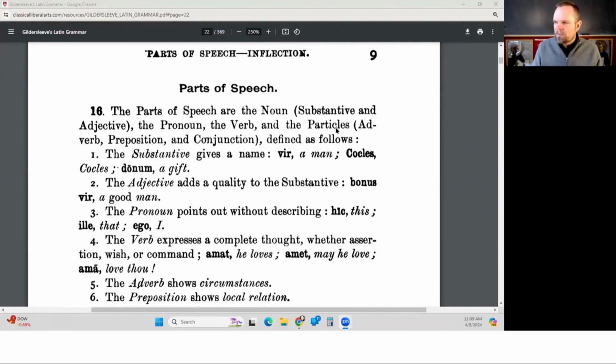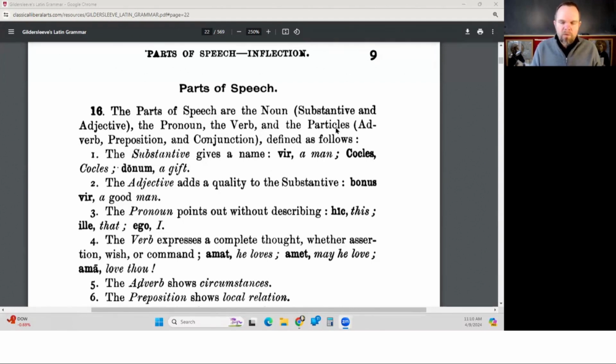You'll see that this textbook doesn't actually include participles as one of the parts of speech. And the reason why is because it includes them under adjectives. I mentioned this in that talk yesterday in classical grammar, that if you go from one grammar textbook to another, you'll often see that the number of the parts of speech differs in one textbook from another.